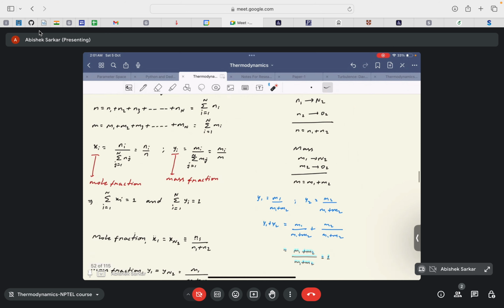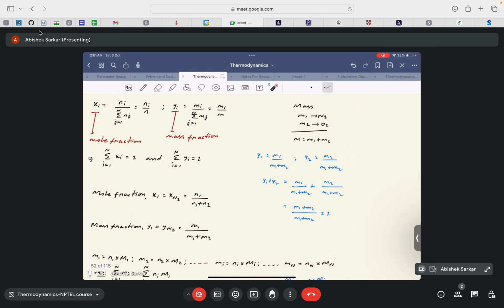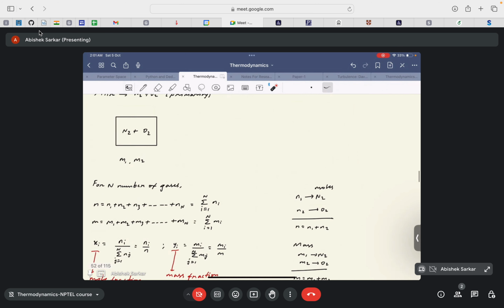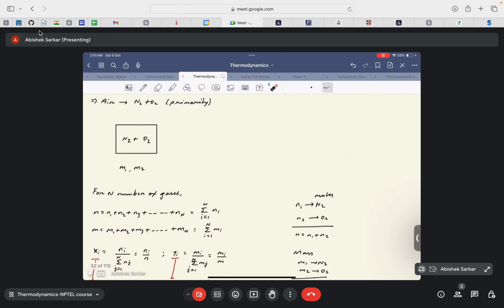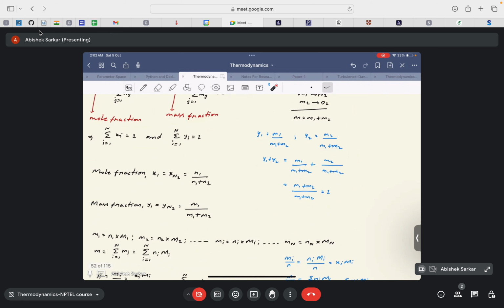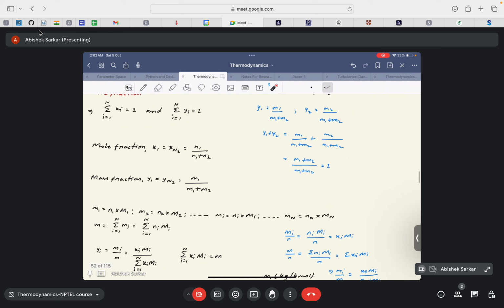So for example, let us find the mole fraction of nitrogen in the mixture of nitrogen and oxygen, basically the air enclosed within the container that we are considering right now. Denoting nitrogen as index 1, x1 is equal to xN2, which will give us n1 divided by n1 plus n2. Similarly, the mass fraction of nitrogen, y1, equal to yN2, will be given by m1 divided by m1 plus m2.